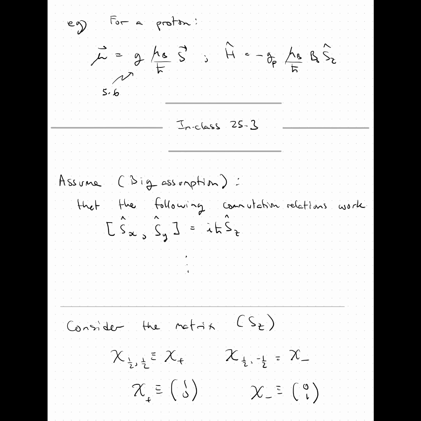And they behave in the following way. Sz acting on chi plus gives you h bar over 2 chi plus.